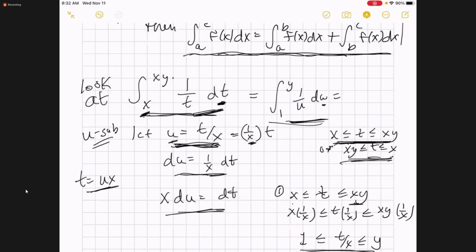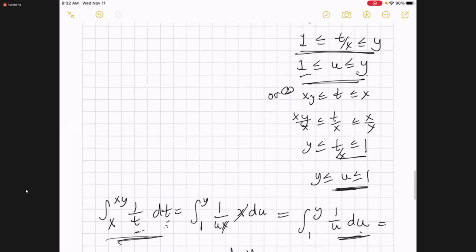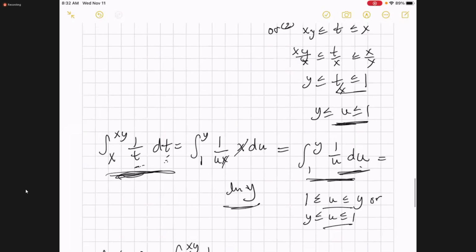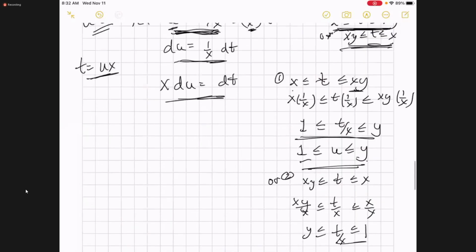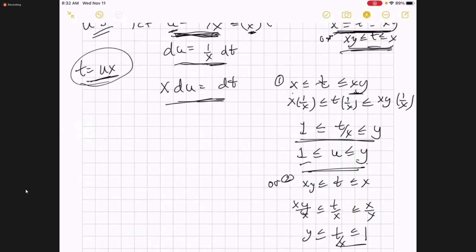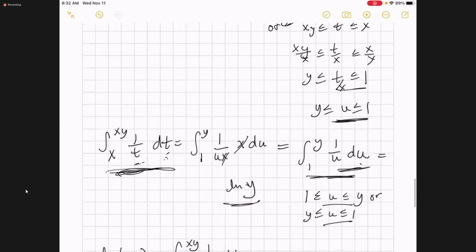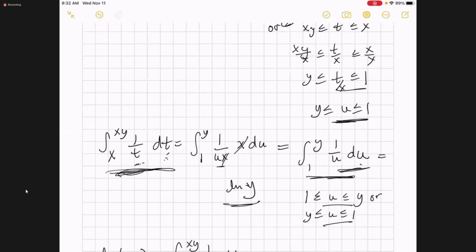So it got me to this integral. And okay, I put steps in down here to show that. So I started here. I want to get here. But what is t? t is u times x. What is dt? dt is x du. So this t is u times x, dt is x du.